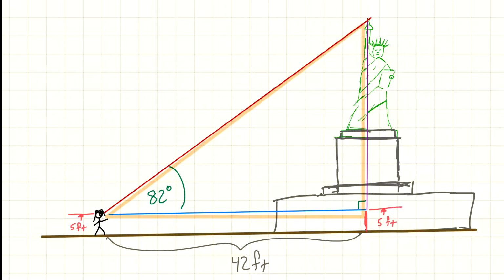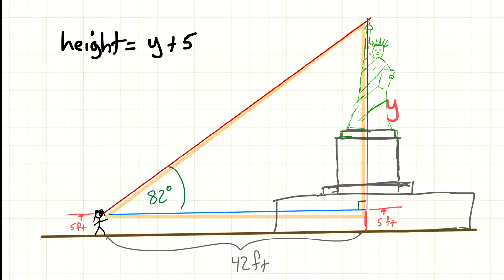I'm going to call this y, just because it's the rise. But keep in mind what we're looking for is the height. So the actual height is going to equal whatever y is plus an extra 5 feet. So if we can figure out what y is, then that'll help us figure out the height.